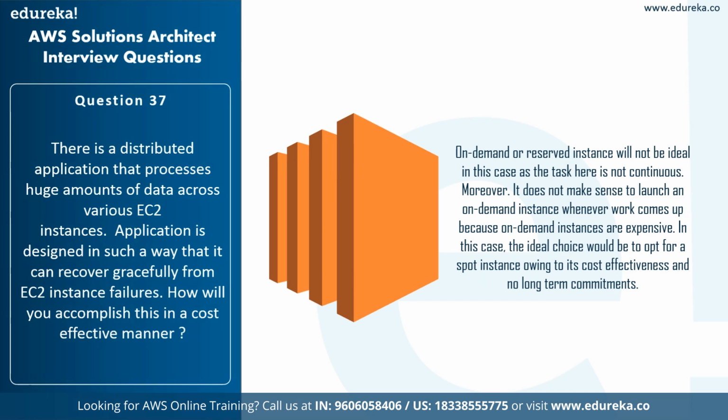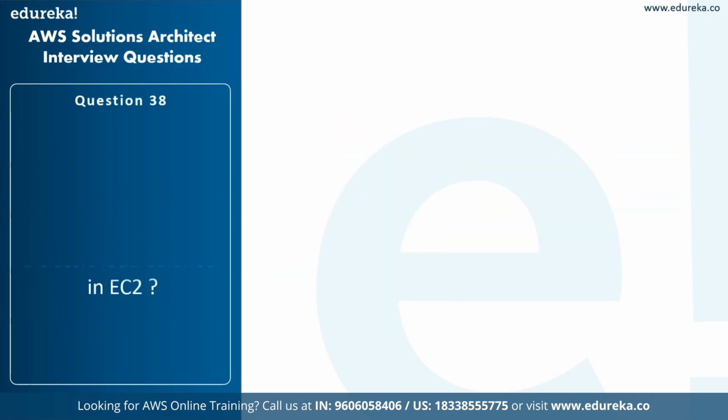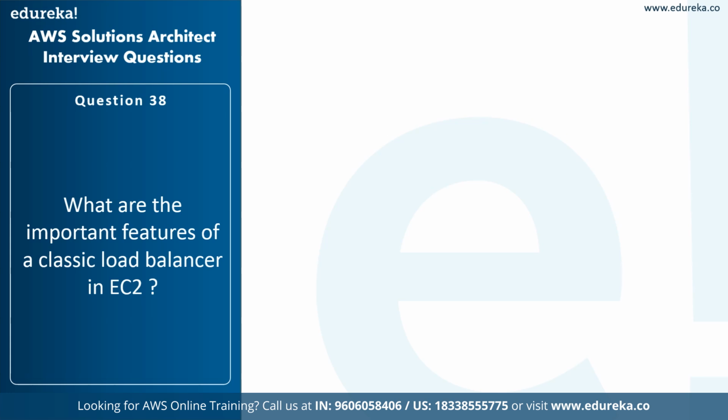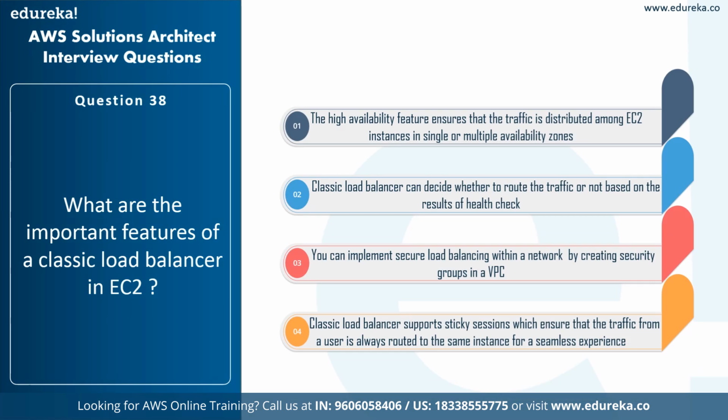Now, the next question is, what are the important features of a classic load balancer in EC2? There's the high availability feature, which ensures that the traffic is distributed among EC2 instances in single or multiple availability zones. This also ensures a high scale of availability for incoming traffic.